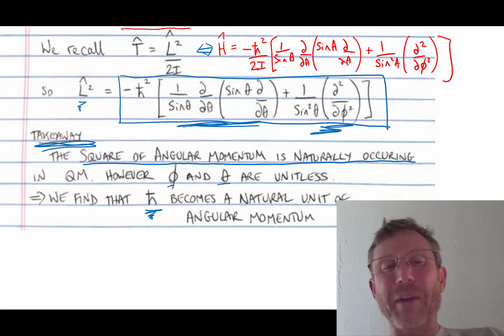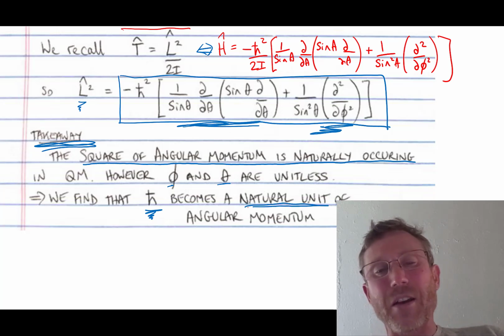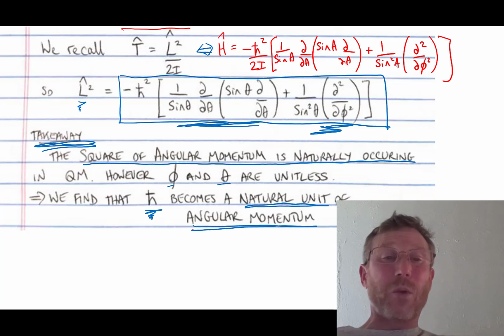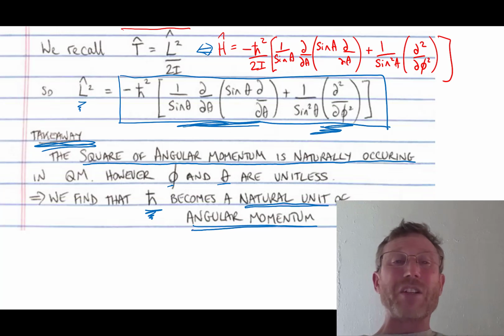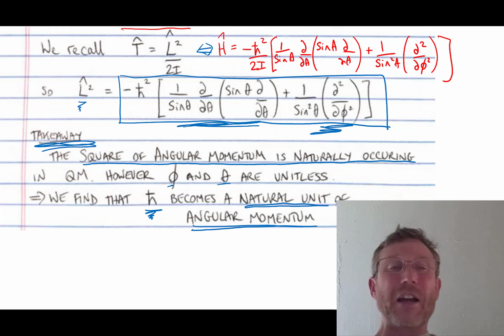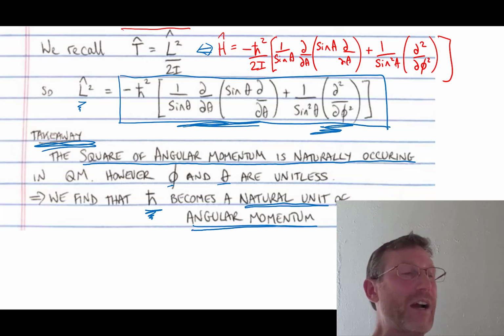It ends up becoming a natural unit of angular momentum. So remember that, because we're going to start to quantize angular momentum for this rigid rotor. It's going to show up all over the place when we get towards the Schrodinger equation and our solution for the atom. But there's our takeaway here.